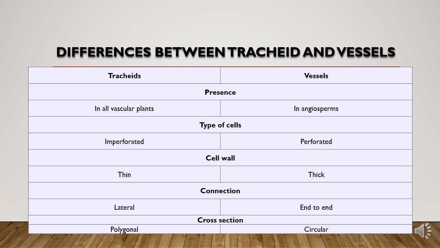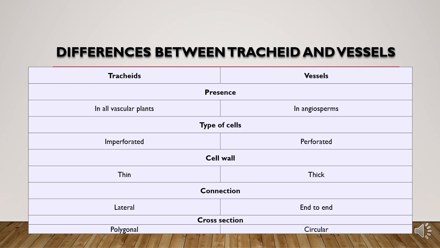Mind you, we are saying that tracheids and vessels are found in the xylem tissue, but which types of plants are these two present in? Tracheids are present in all vascular plants, but vessels are only present in angiosperms.